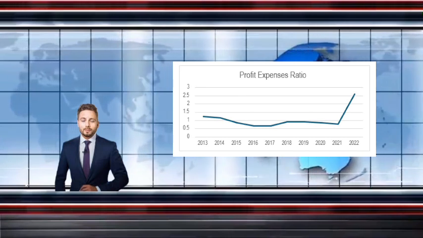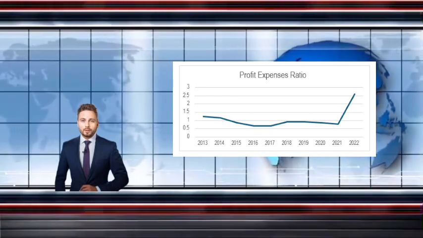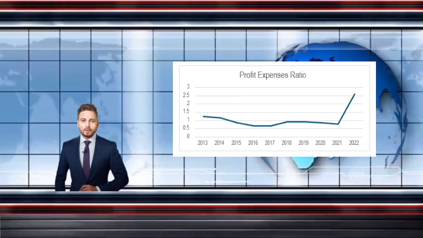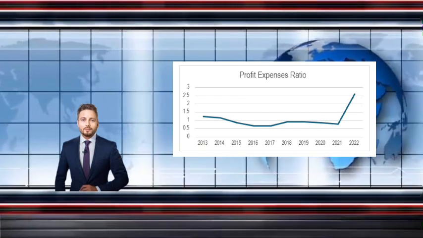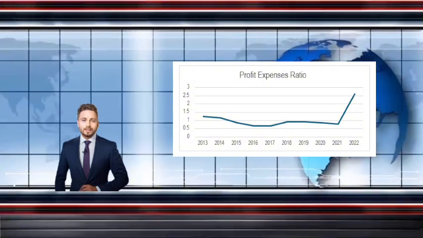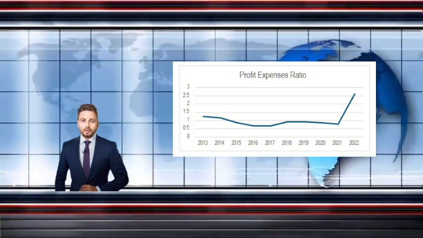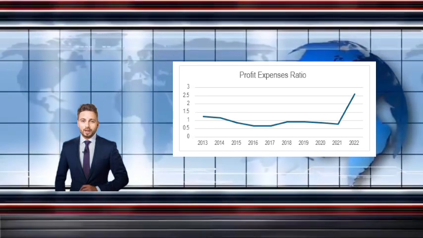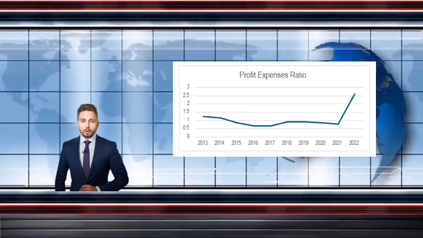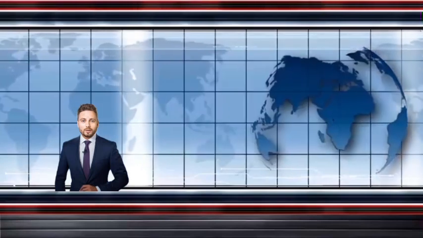This means that for every RM1 of expenses, HSBC Amanah was able to generate between 55.4 and 70.6 cents in net profits. A higher ratio indicates the bank is more efficient in converting its expenses into profits. A higher profit-expense ratio suggests the bank is able to generate a larger proportion of profits from its operating expenses, which is a desirable characteristic for financial institutions.